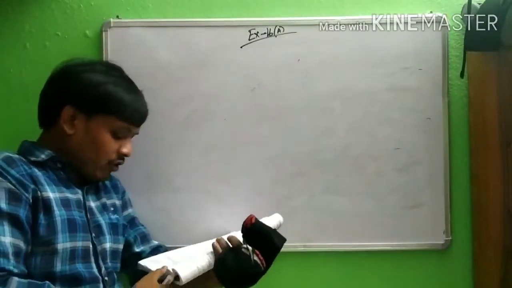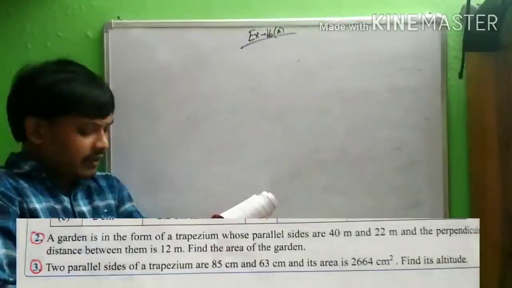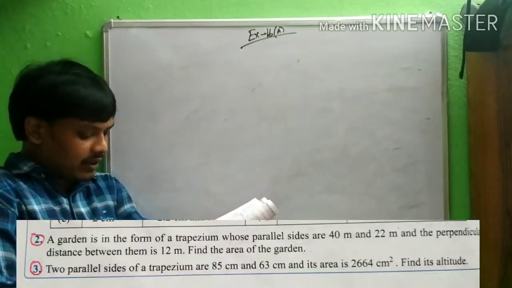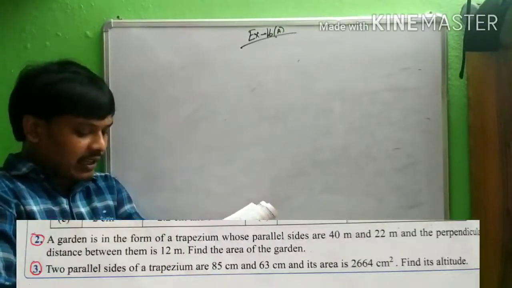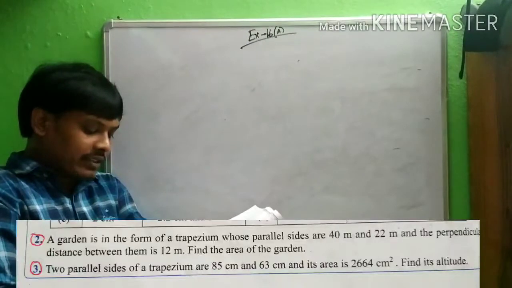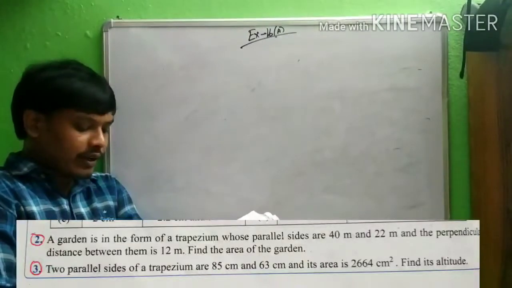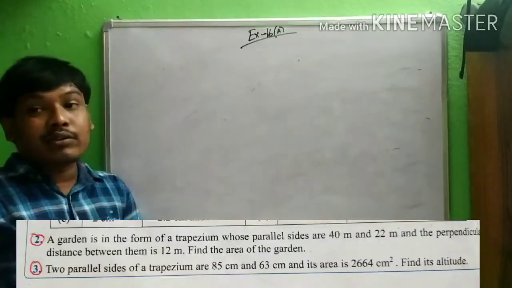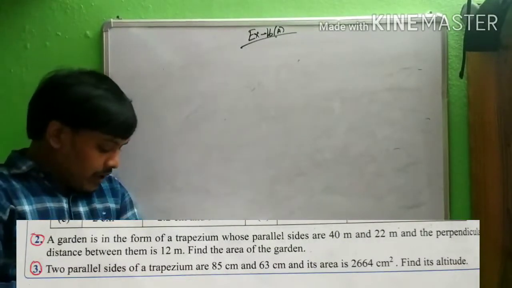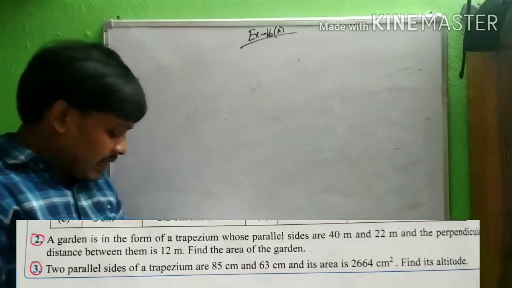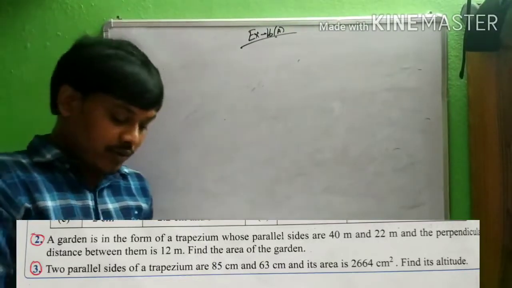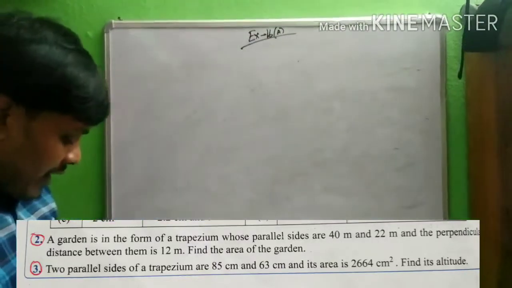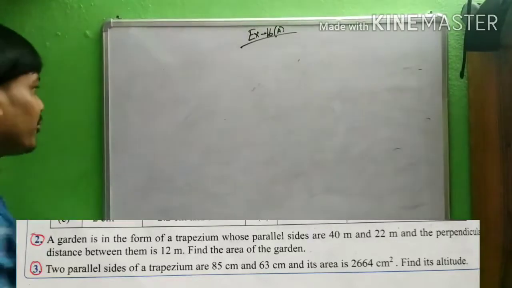Two parallel sides of a trapezium are 85 centimeter and 63 centimeter, and its area is 2664 centimeter square. Find its altitude. Altitude means height. So the parallel sides and area are given, and we have to find the altitude.